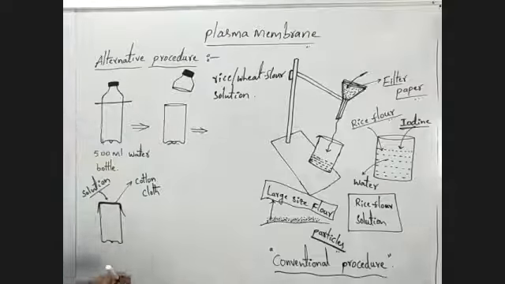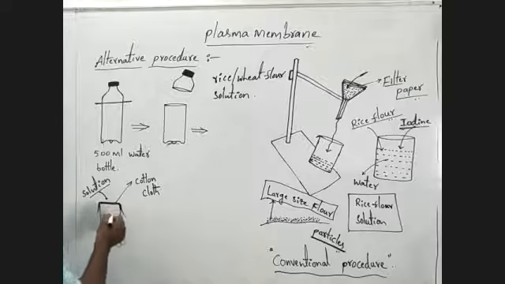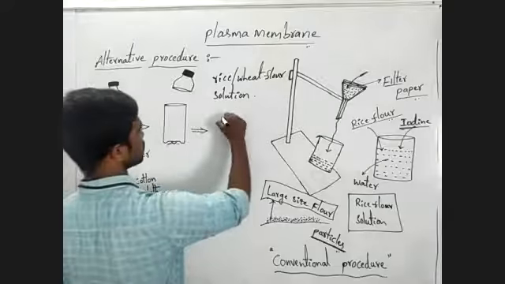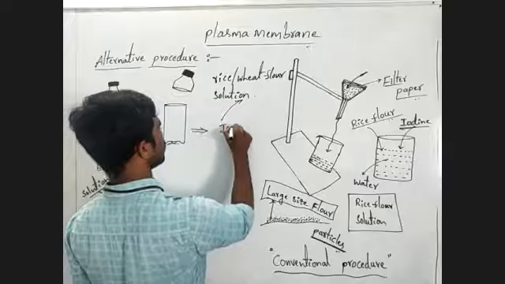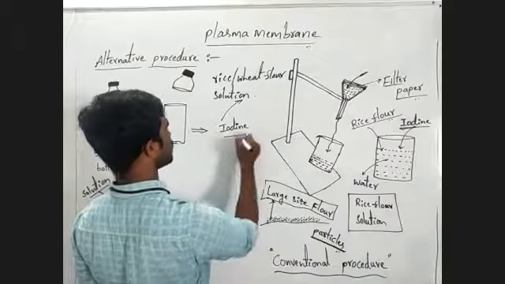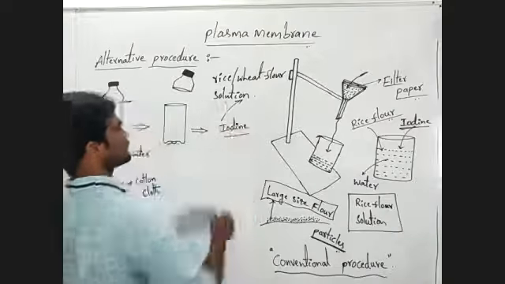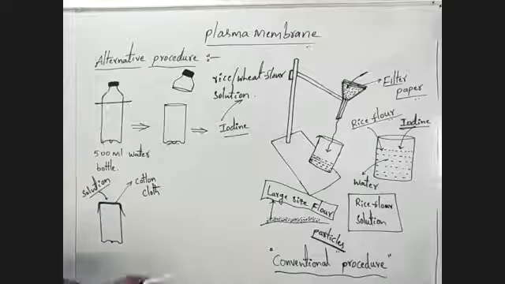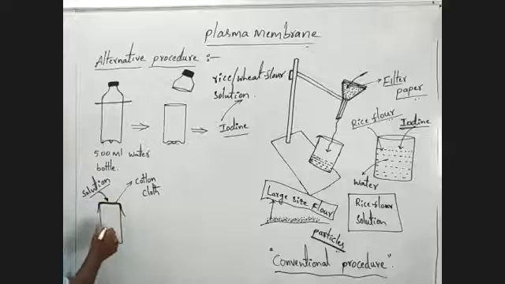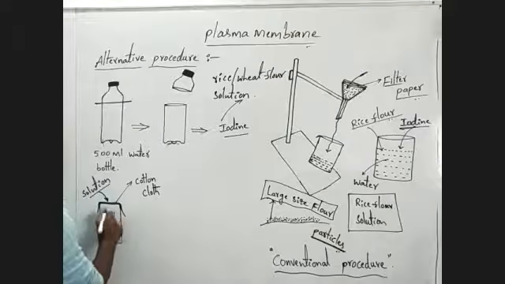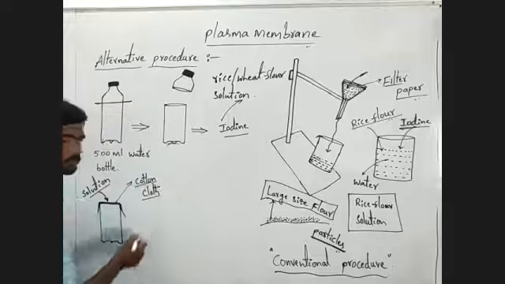Before pouring into this bottle, you have to add the tincture iodine solution or dye to the rice or wheat flour solution. Then you have to pour it into the bottle on the cotton cloth.